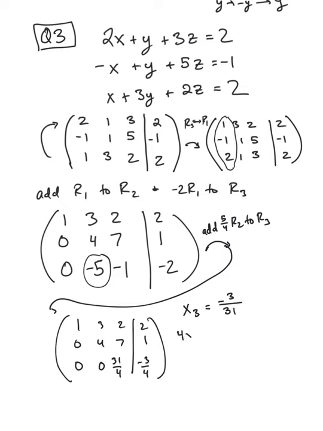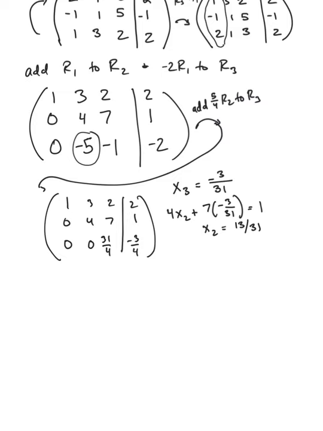We have 4x2 plus 7 times negative 3 over 31 is equal to 1. So we get x2 is equal to 13 over 31.